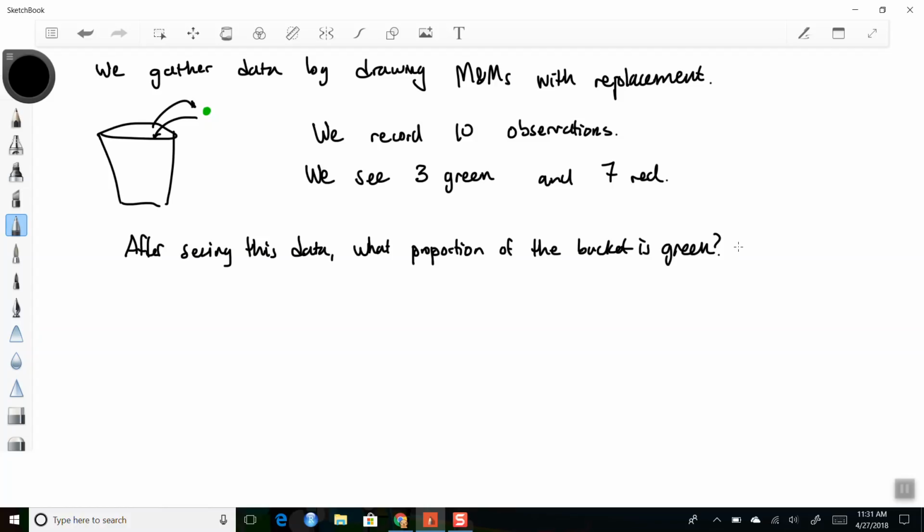So the probability that the bucket is 60% green, it's possible, it's not impossible, okay? I could have just happened to get a little bit unlucky on the drawing of green, but it's within the realm of possibility. Could the bucket be 99% green? It's technically not impossible, right? So we only say probability is 0 if it's truly, truly impossible. And it's not truly impossible.